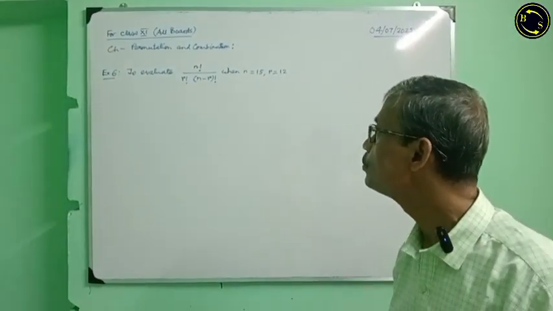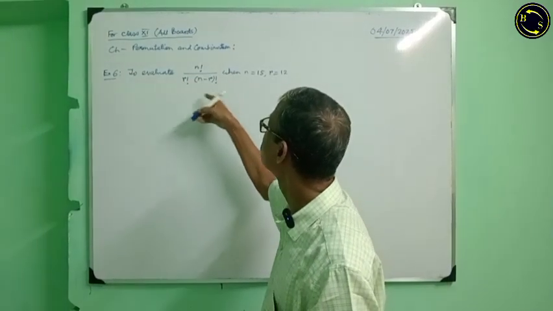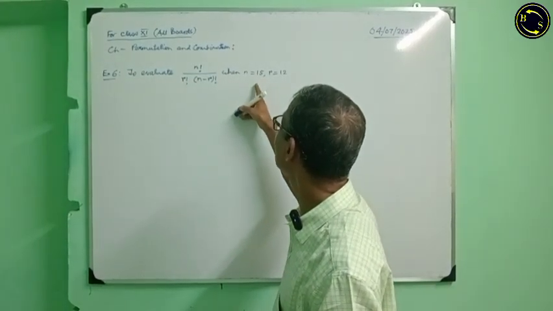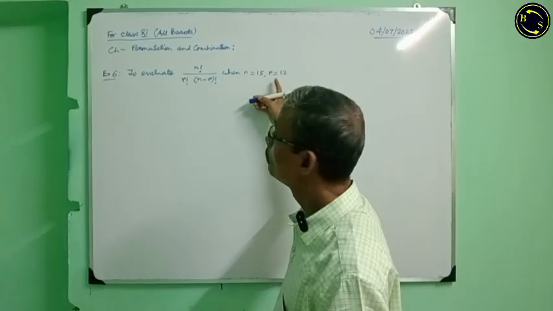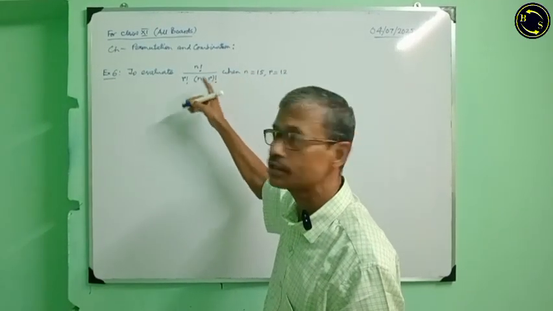Now example 6. We are going to find the value of this one when n equal to 15, r equal to 12. First of all, I shall put the values of n and r in this expression.